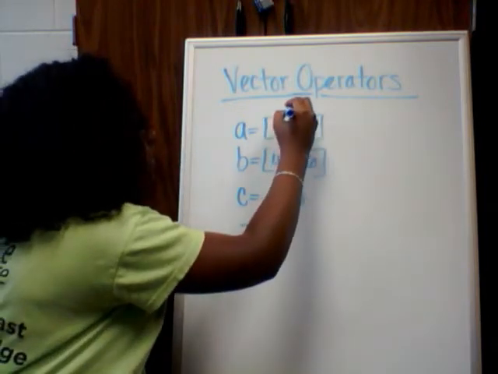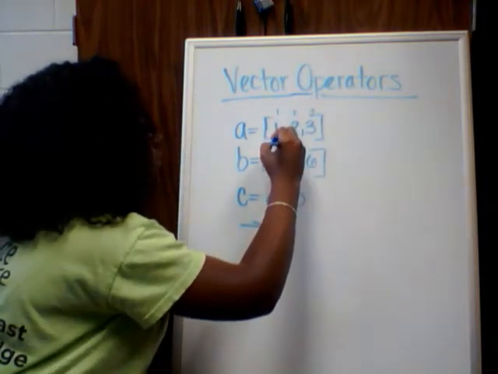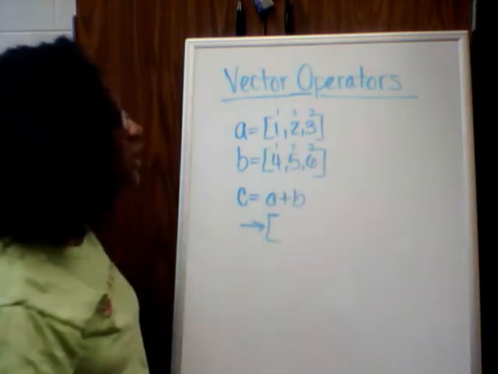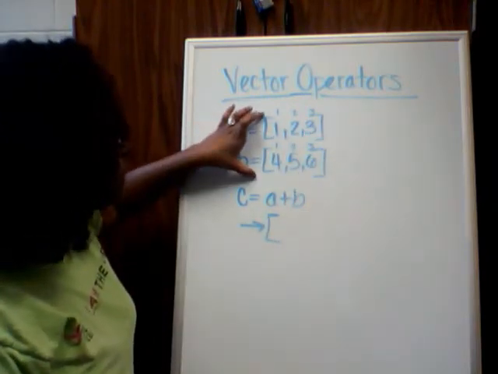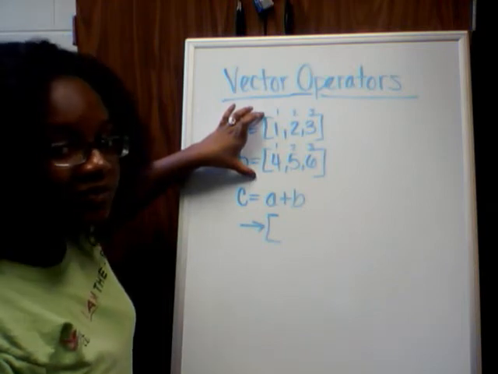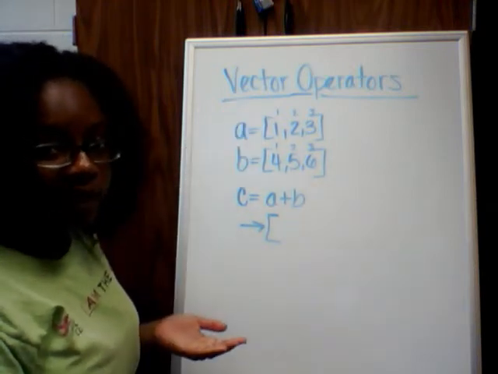Since there's an even number of indexes in each vector, we can simply do the math.